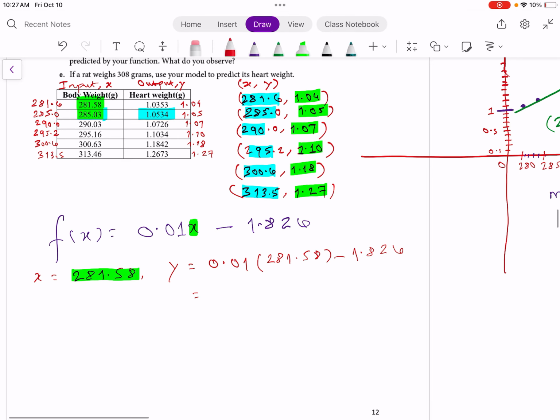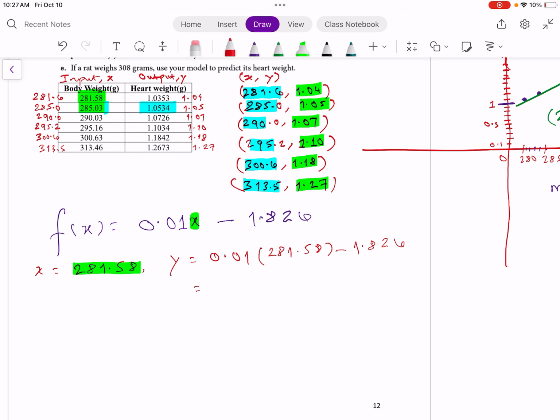Now I need your help here. Can you simplify this? Multiply 281.58 by 0.01 and subtract 1.826. 0.99.